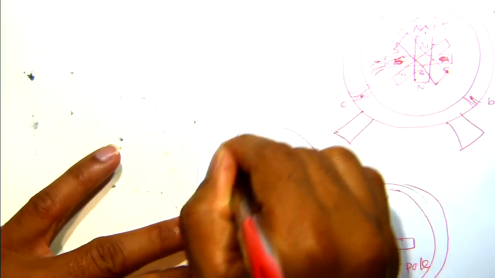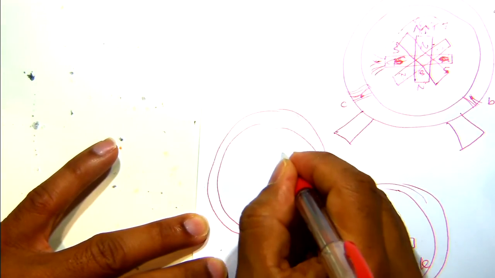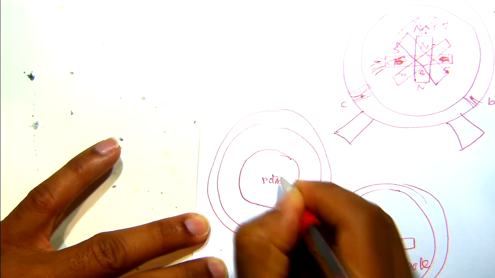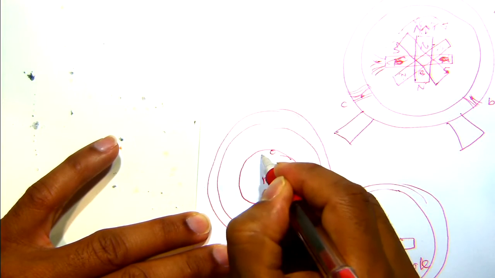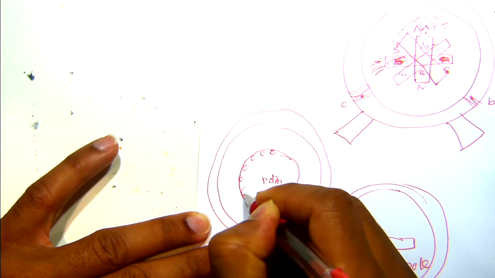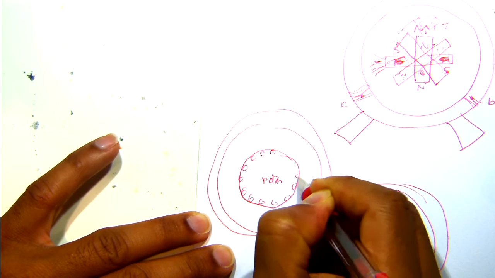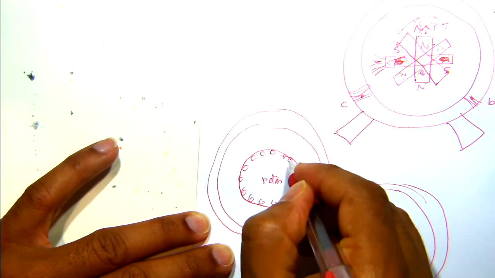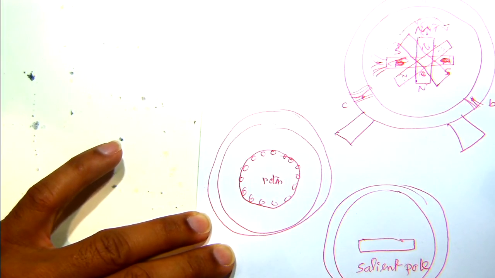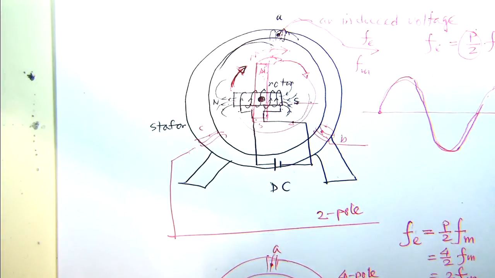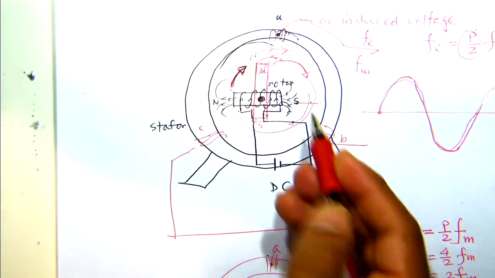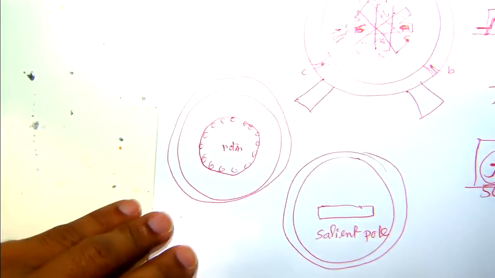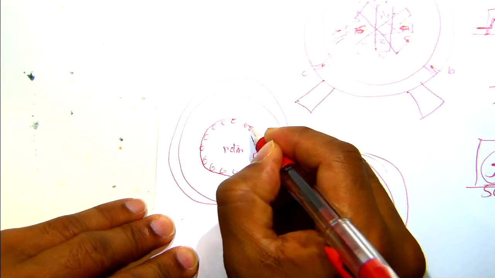So this is the stator. What they do is create a rotor like this, and they put slots all over the places, because how do we create this magnetic field here? By supplying a DC source through some conductors. So you pass your conductors through these slots.